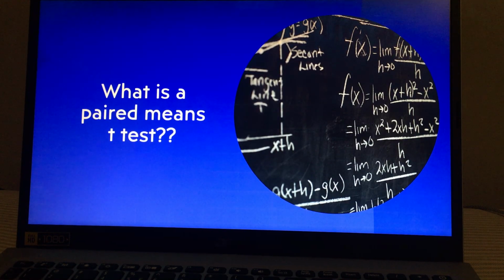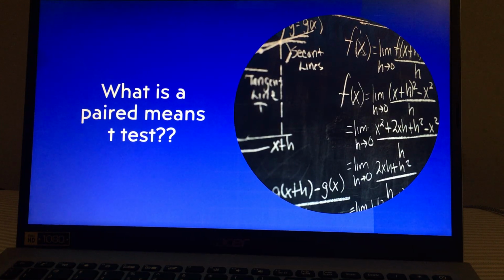So you could go into the JASP paired samples t-test analysis, and as we're just about to see, the numbers would be identical to those that came from the one sample t-test, which of course they have to be, given that the paired samples t-test is just a one sample test under the hood.